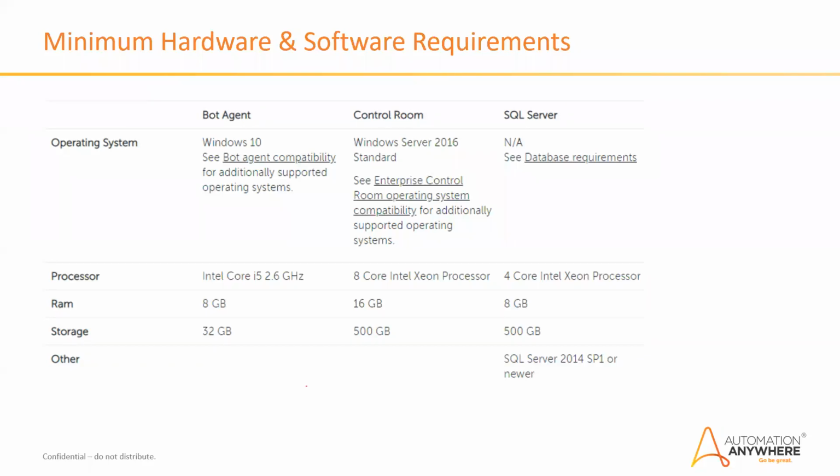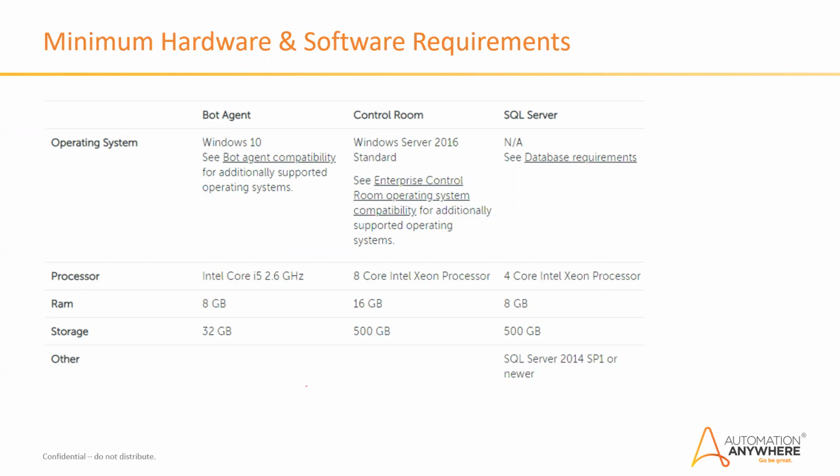What if my Control Room is installed on an 8 gig server? In a nutshell, you can give it a try. It's absolutely not recommended. We do have the specifications for a very good reason. That's the minimum spec for everything to run smoothly. So please stick with those minimum recommendations.